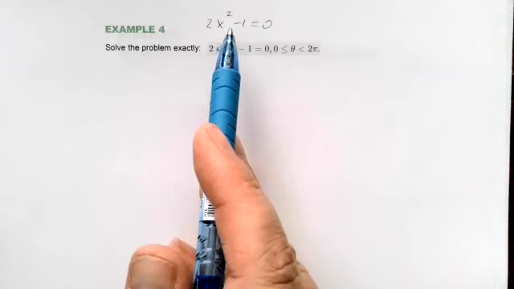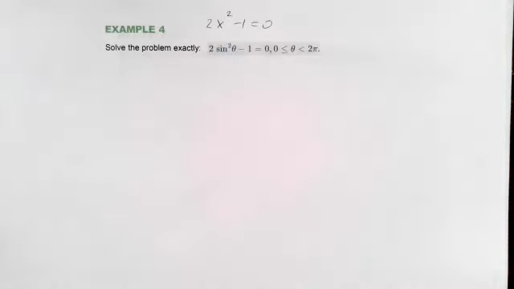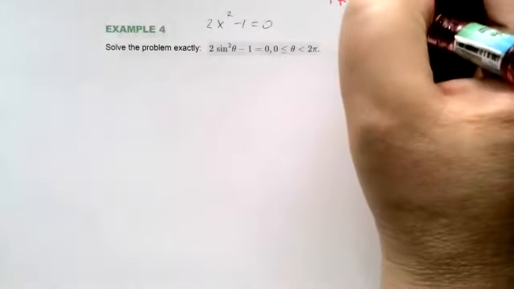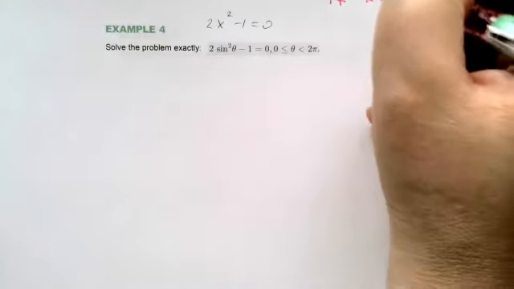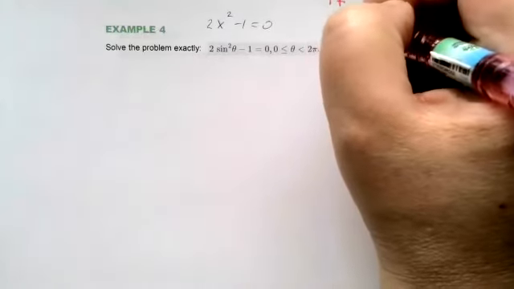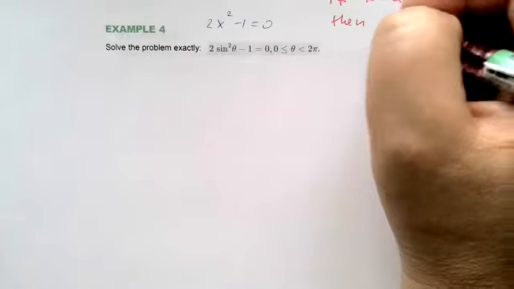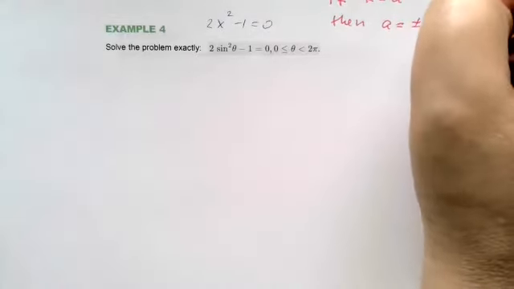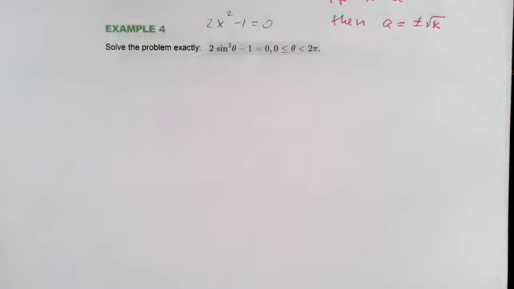And then we're going to use this rule that says if k equals a squared, then we could tell that a is positive or negative root of k. I think it's called the square root property or something like that.